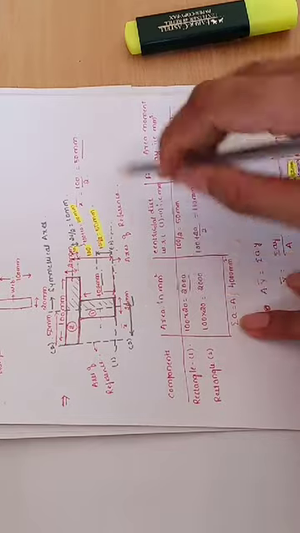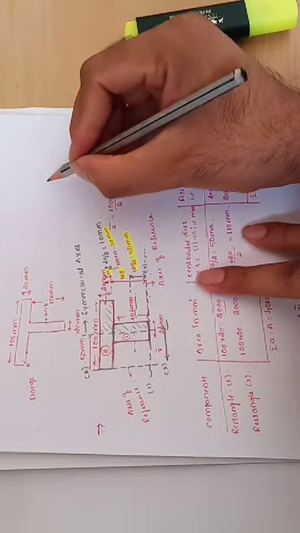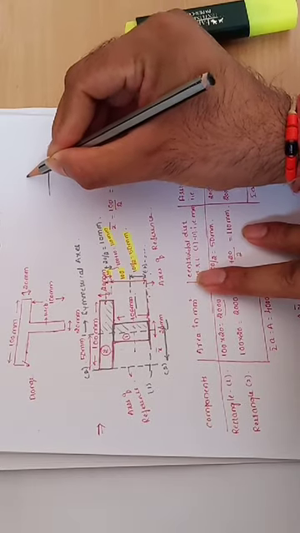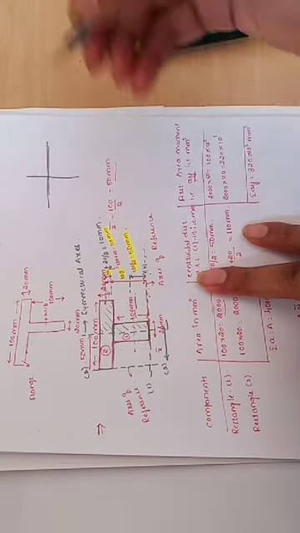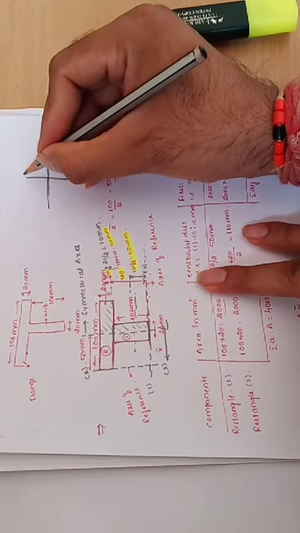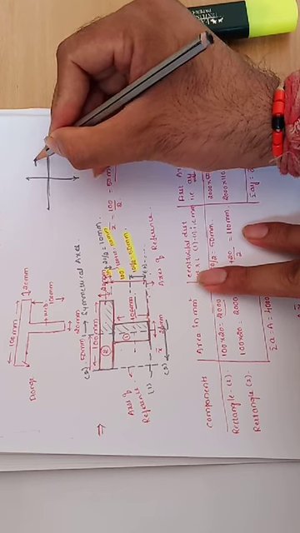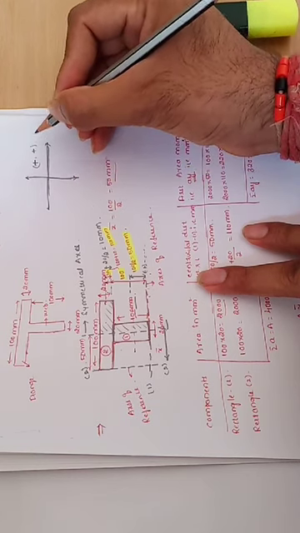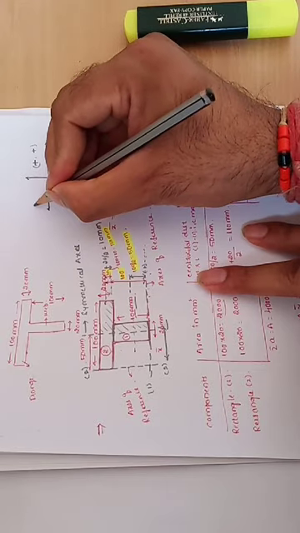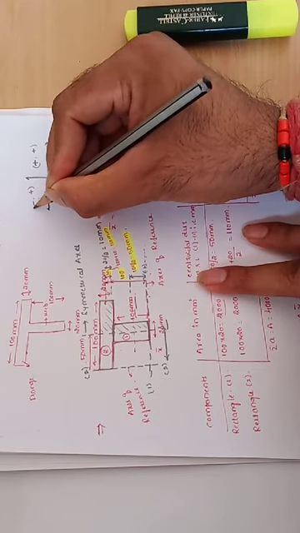If the quadrant is changed, in that condition your distances will vary. Let us say these are your quadrants. If you look at this quadrant, both x and y are positive. If you look at this one, x is negative and y is positive.